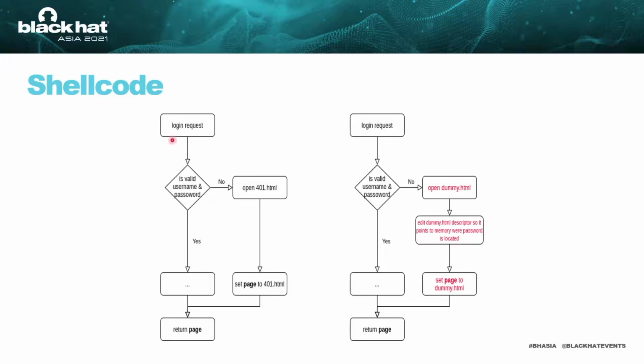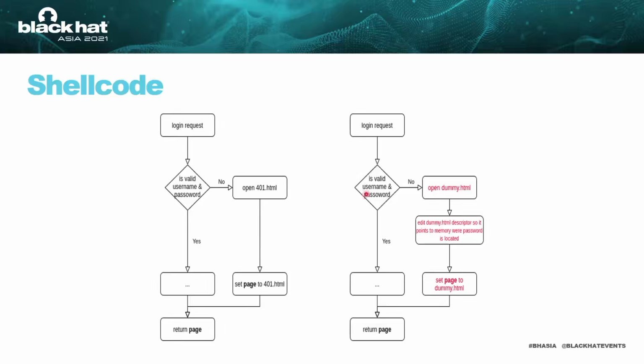So originally, the user would request to log in, and then the login function would check, okay, the username and password is valid? Yes, okay. Now it would open some 401 page, and it would set it to be the page that the device should return. So the idea was that we'll change the flow.